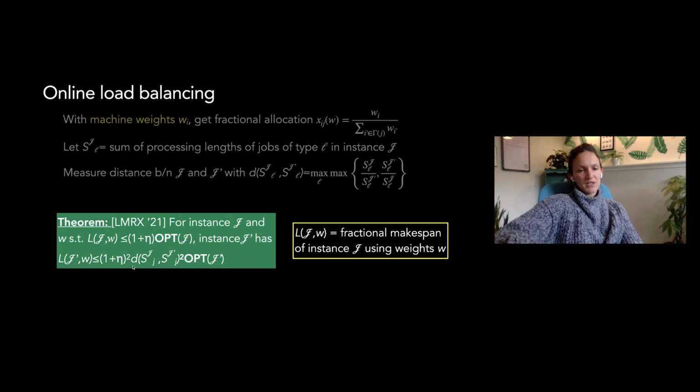So don't really worry about the 1 plus eta. The important thing here is that if I use weights that are good for J on my nearby instance J prime, I'm going to lose this distance squared.